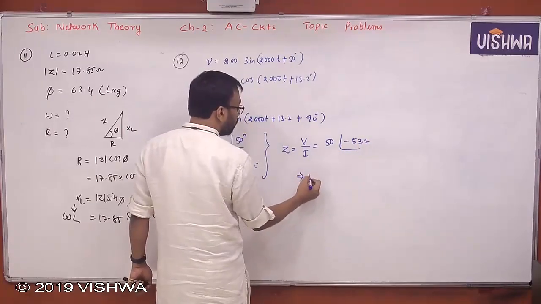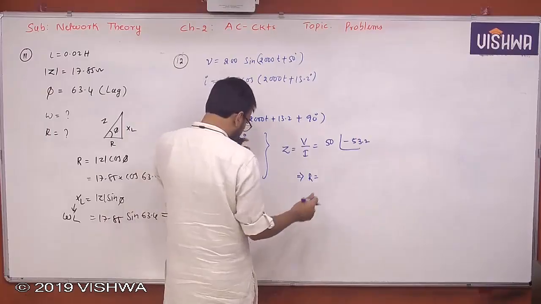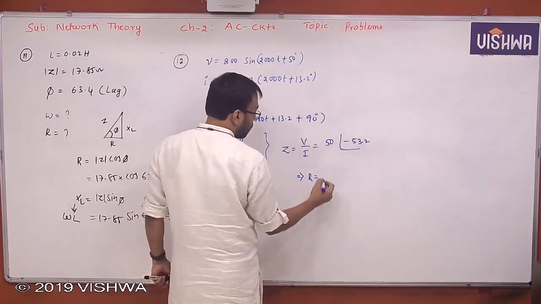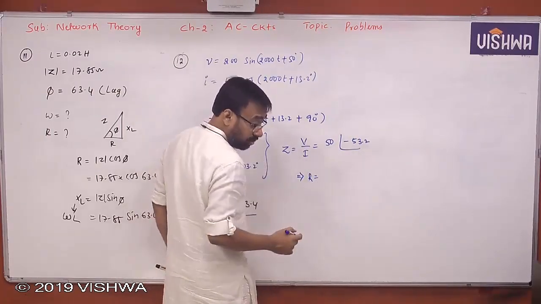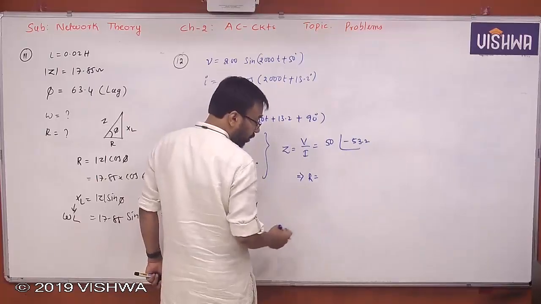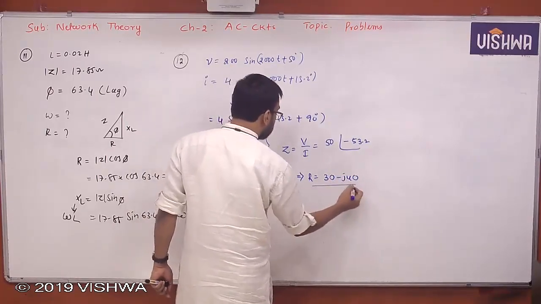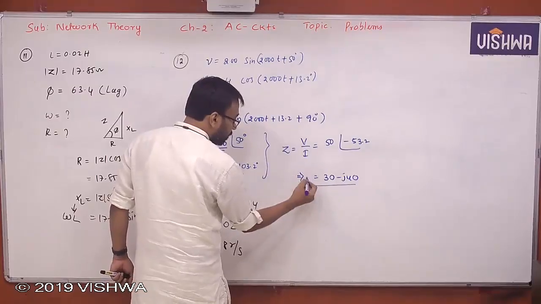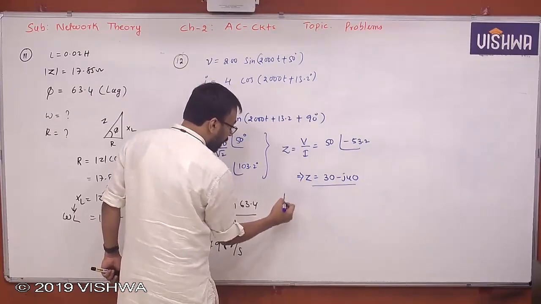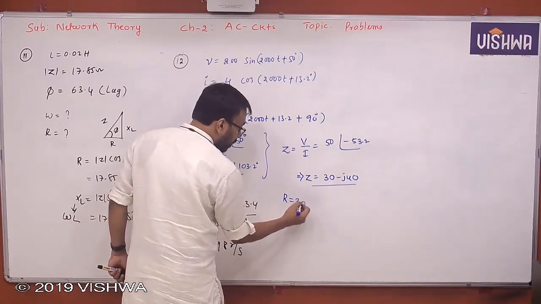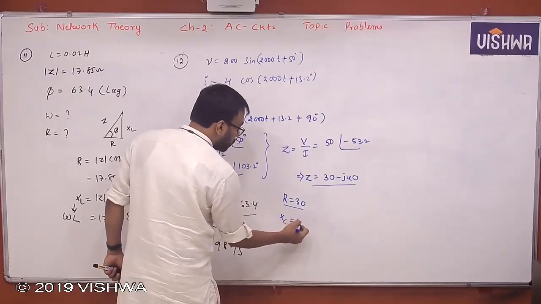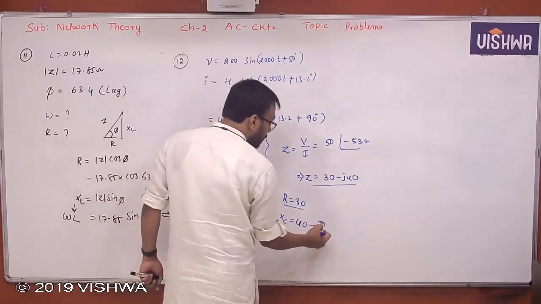Okay. So from this, R is equal to horizontal component 50 cos 53.2, then 50 sine 53.2. Therefore, you get 30 minus J40. This is the Z value. The real part is nothing but R. The imaginary part is nothing but 40, which is XC.